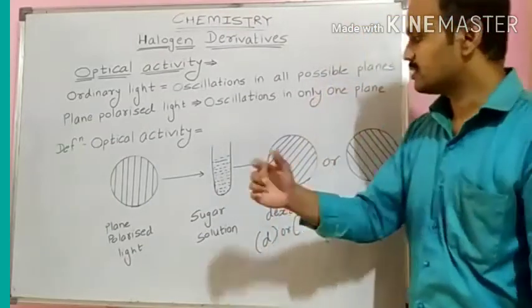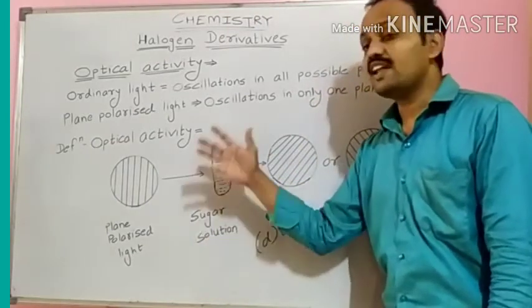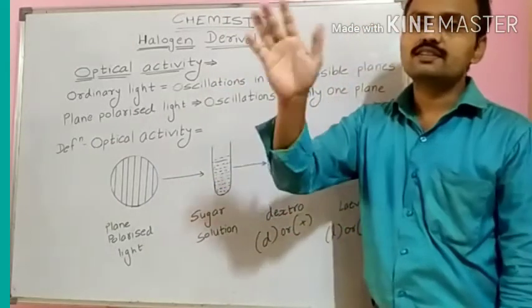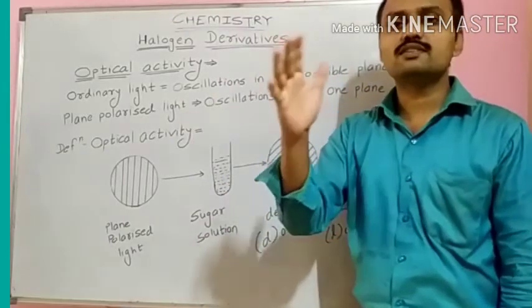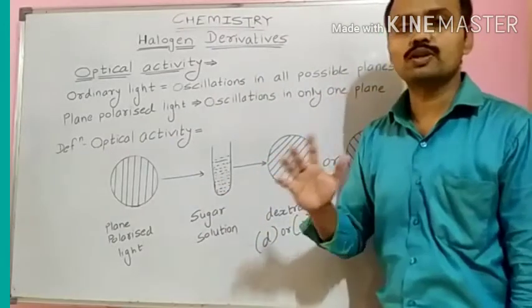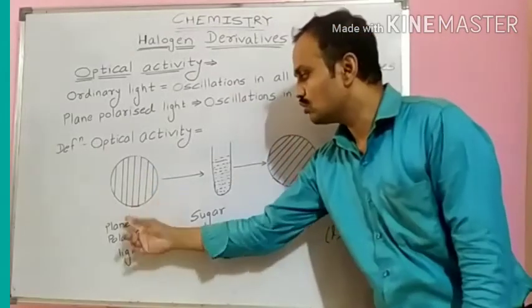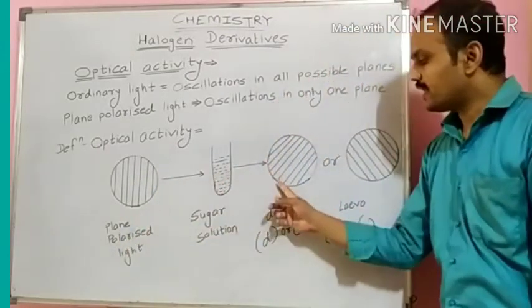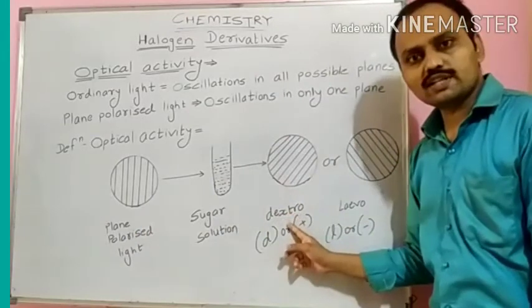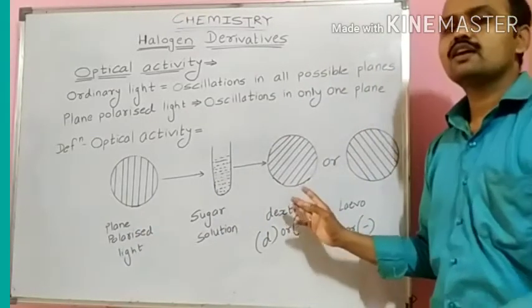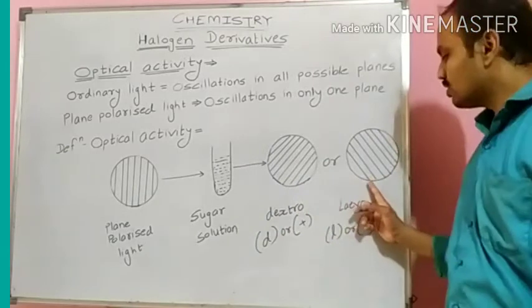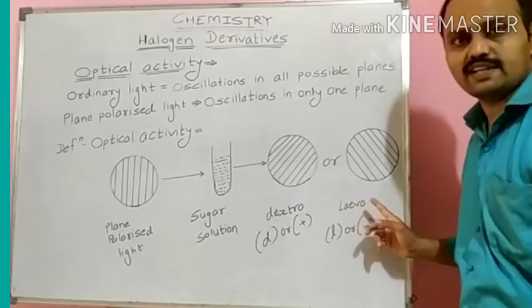It means, suppose we have lactic acid and its enantiomer, its non-superimposable mirror image. Then one molecule will show dextrorotatory activity, that is the right hand side direction, and the other molecule will show levorotatory activity, that is the left hand side direction.